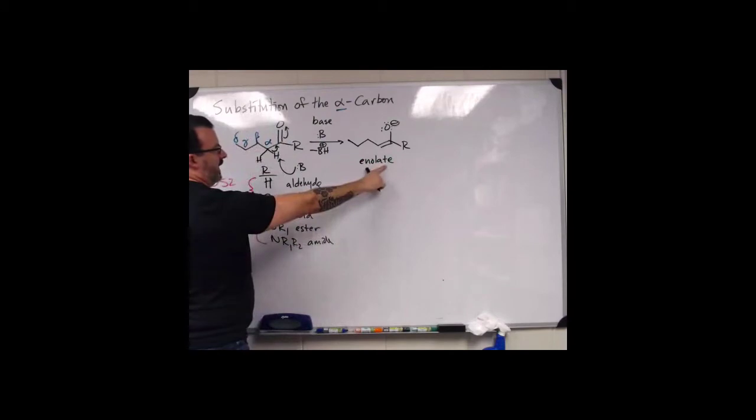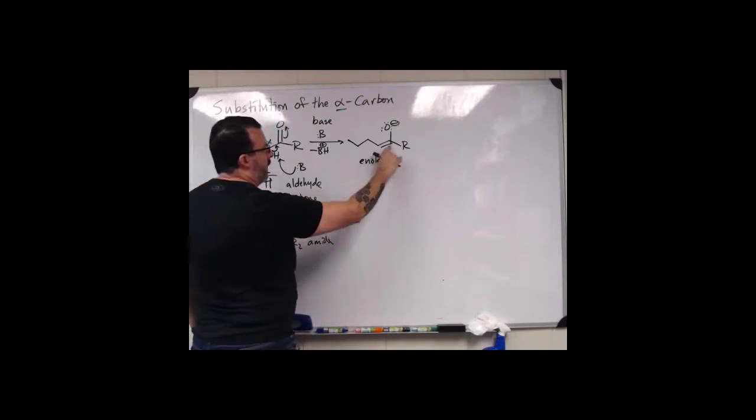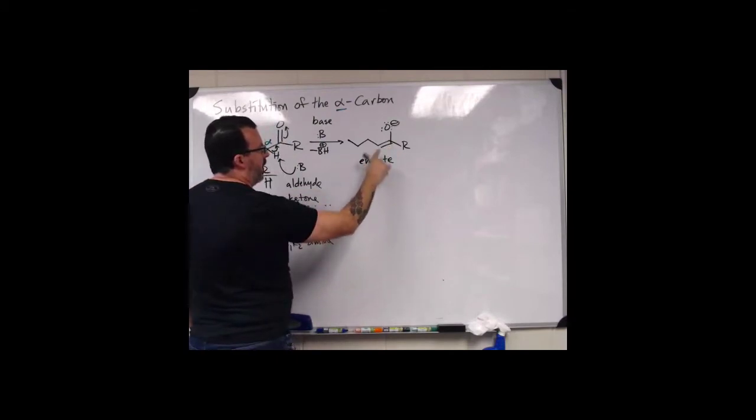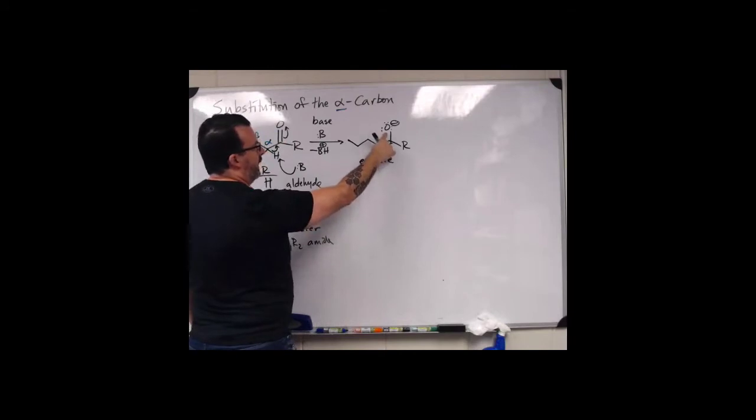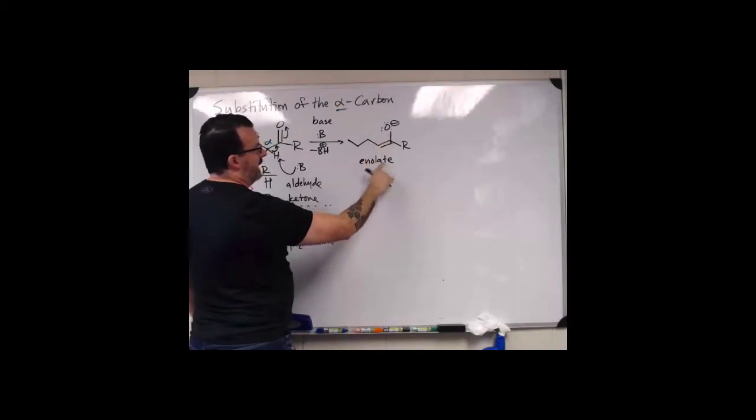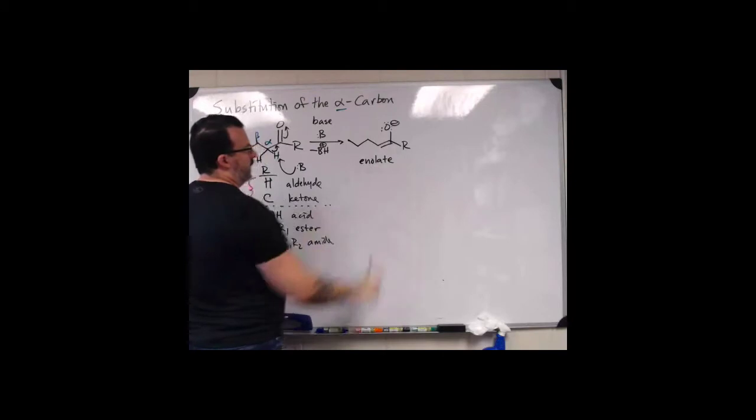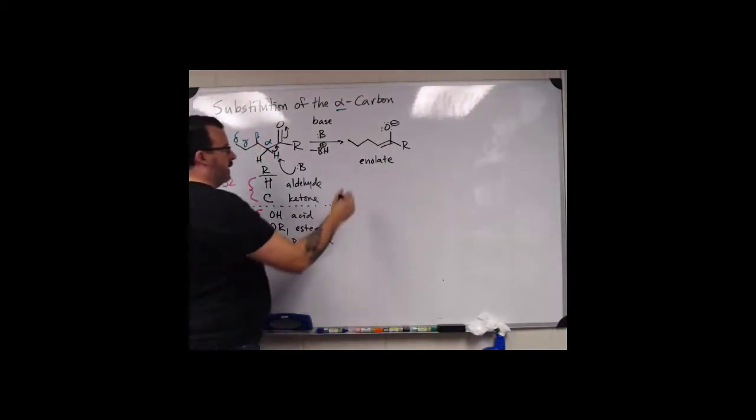So where does this name come from? We have an alkene, that's the ene. The OL is from a deprotonated alcohol, that's why it ends in ATE, so olate, so enolate. Again, this is going to be a nucleophile.